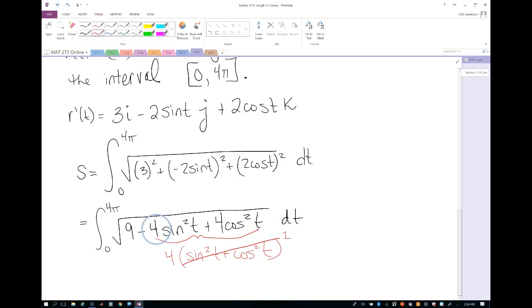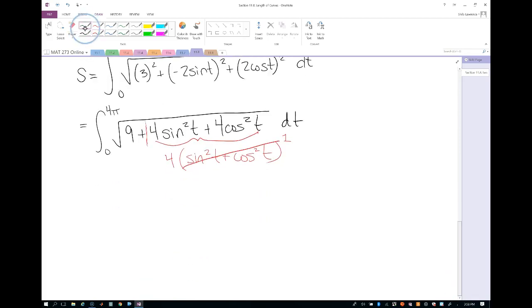So really, everything behind this point is just 4 times 1, which is 4. So we've got that 9 in the front, and then when we simplified the back, it just turned out to be a 4. So we're just integrating a constant here. We're just integrating the square root of 13.